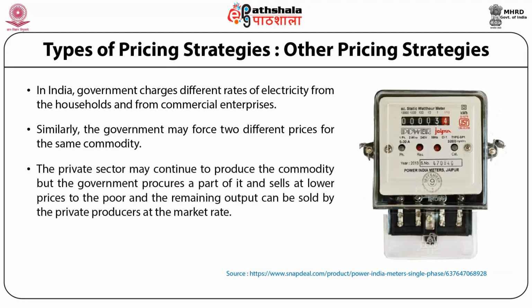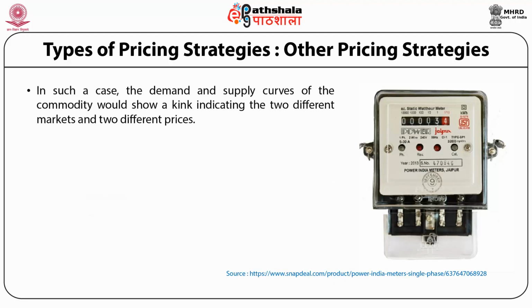Similarly, the government may enforce two different prices for the same commodity. The private sector may continue to produce the commodity, but the government procures a part of it and sells at lower prices to the poor, and the remaining output can be sold by the private producers at the market rate. In such a case, the demand and supply curves of the commodity would show a kink, indicating two different markets and two different prices.